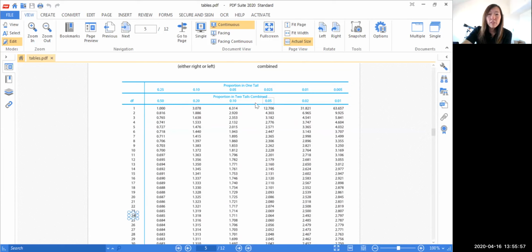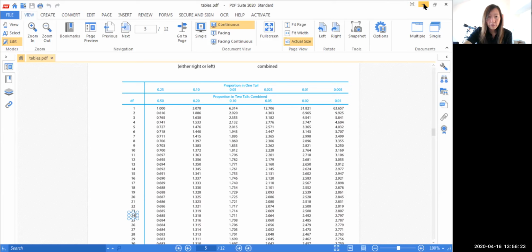At 0.05, two-tailed, I'm going to scroll all the way down and find that my critical t is 2.064.